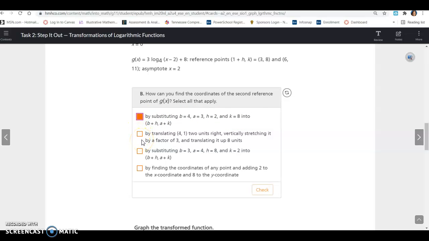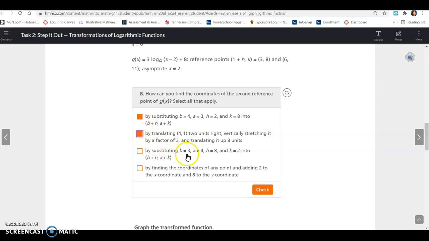That just comes from the formula above. By translating 4, 1, 2 units right, vertically stretching it by a factor of 3, and translating it up 8. So this tells us that's our vertical factor of 3. This moves it right 2 units, and this moves it up 8. So this one is also true.